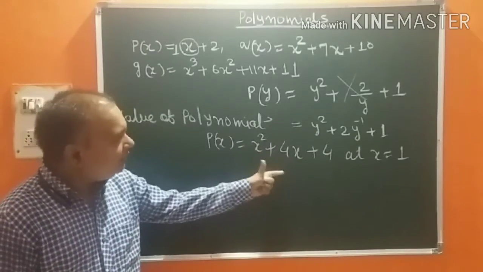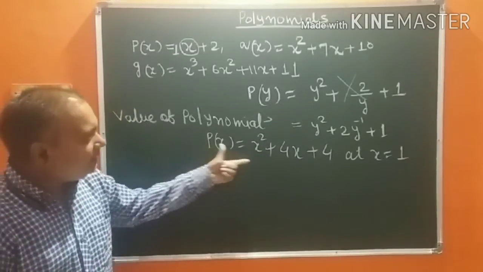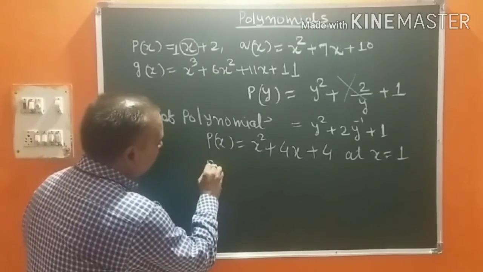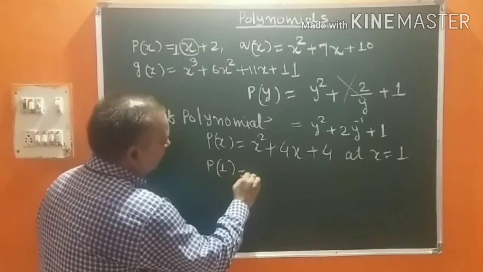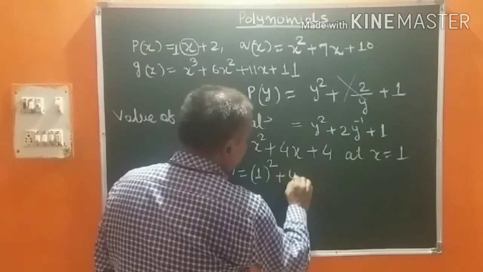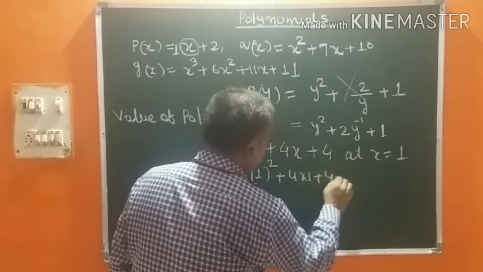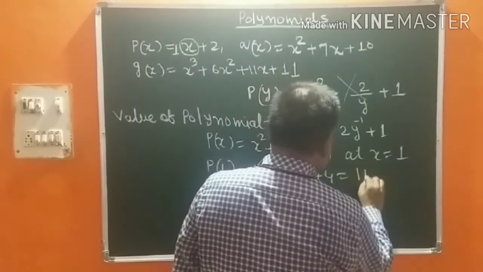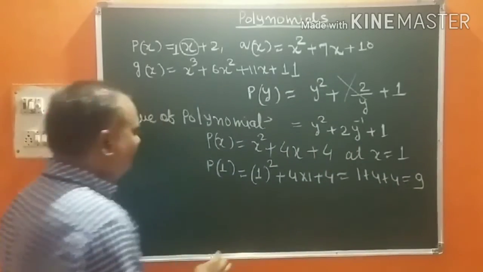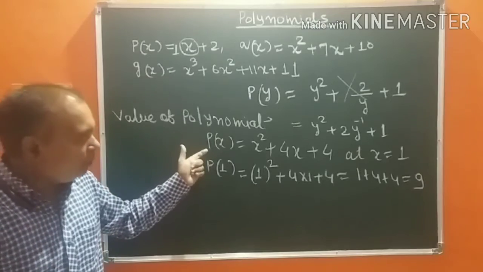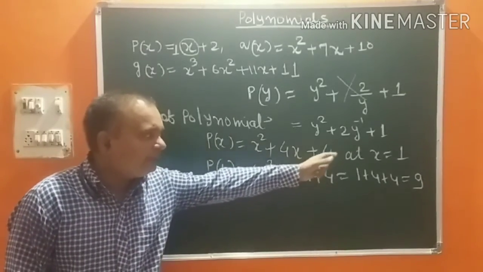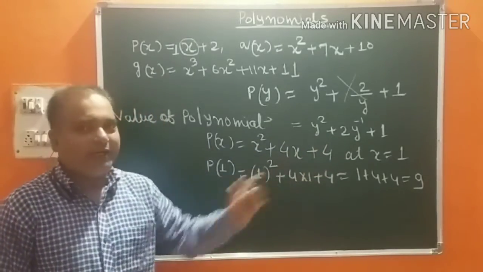So what we have to do, in place of x in this polynomial we have to put 1. So we can write p(1) equal to 1 square plus 4 into 1 plus 4. So that is 1 plus 4 plus 4 equal to 9. So we can say the value of polynomial p(x) equal to x square plus 4x plus 4 at x equal to 1 is 9.